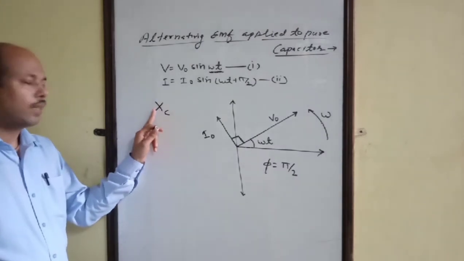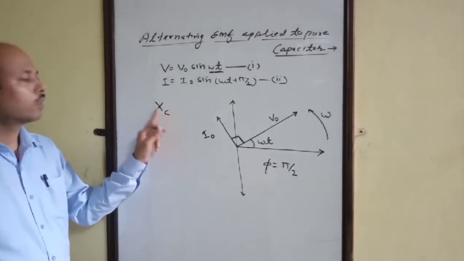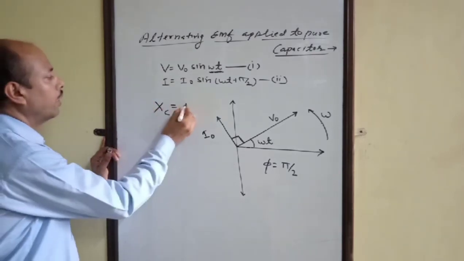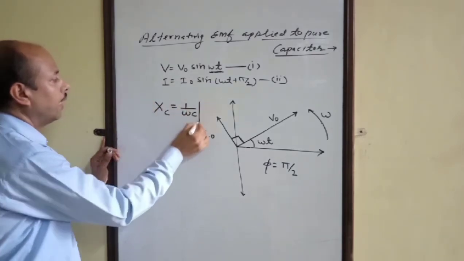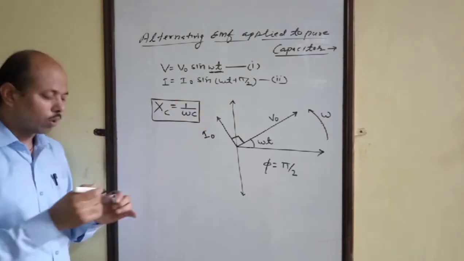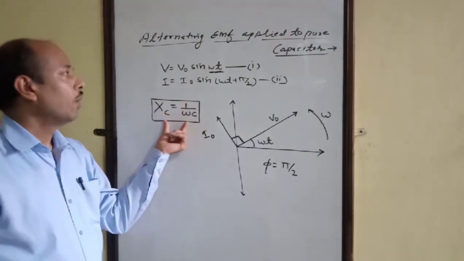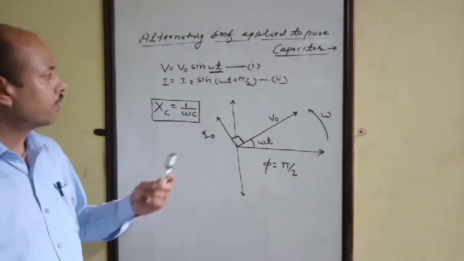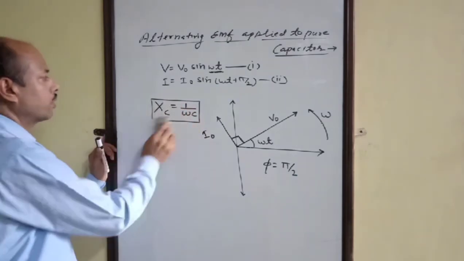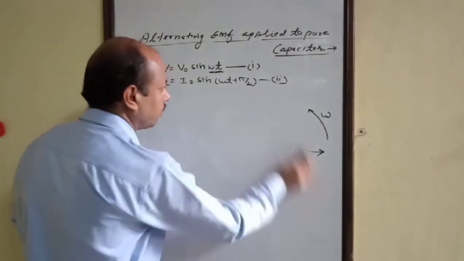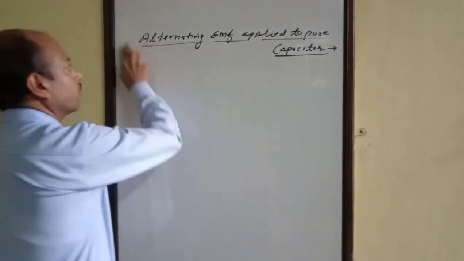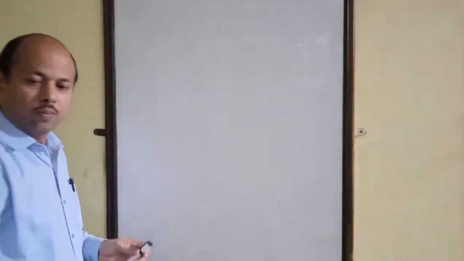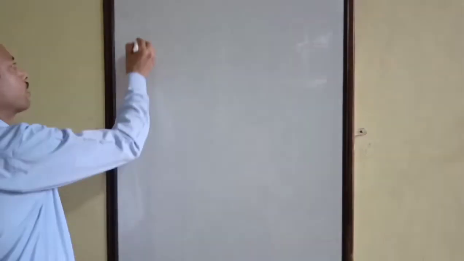This is known as reactance, and here C is for capacitor, therefore this combined is known as capacitive reactance, and the formula is 1 upon omega C. That will be very important for alternating current when we discuss capacitor and inductor. Now we are discussing 2-3 questions related to this.